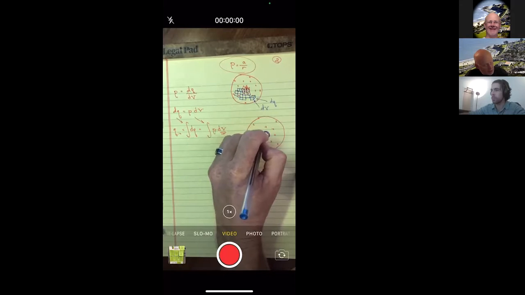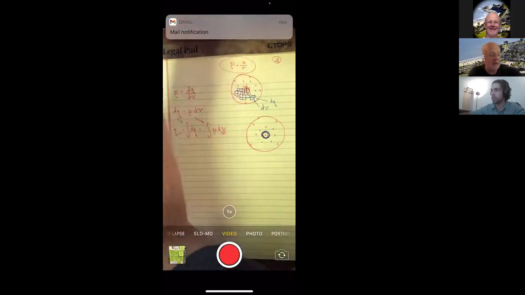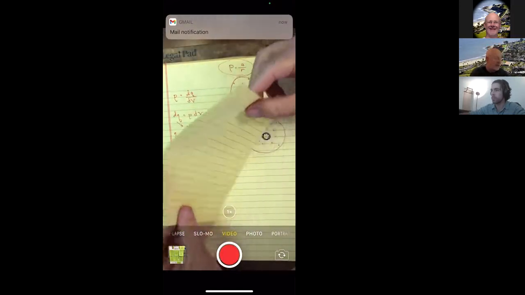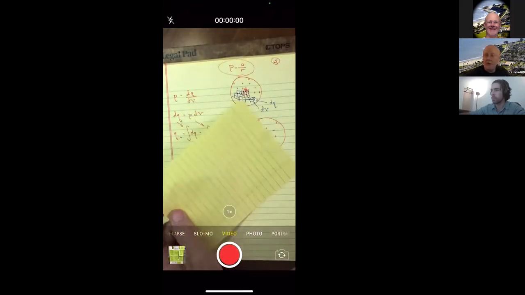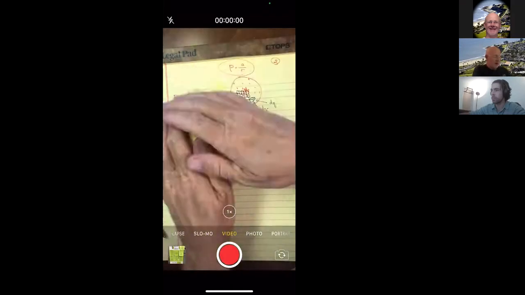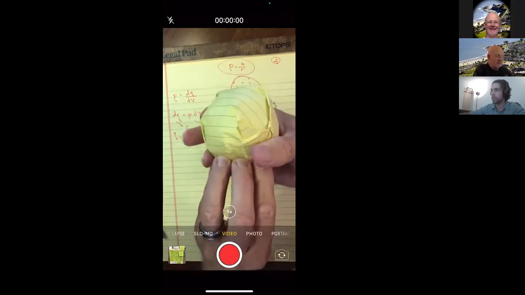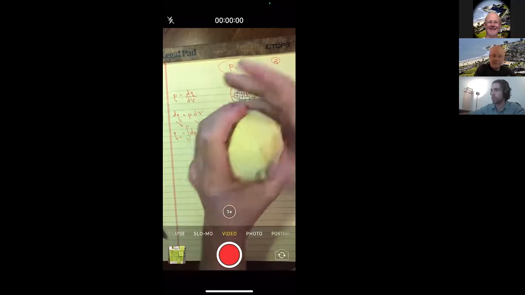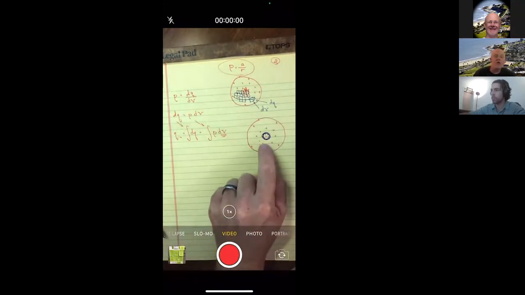If you could imagine a spherical shell, I kind of think of it this way. Let's see if I can take a thin piece of paper and make a spherical shell. Which isn't real easy to do, but I do got a round object here. Imagine that piece of paper wrapping all the way around. If I wrap that piece of paper all the way around, that's what I'm trying to draw here.